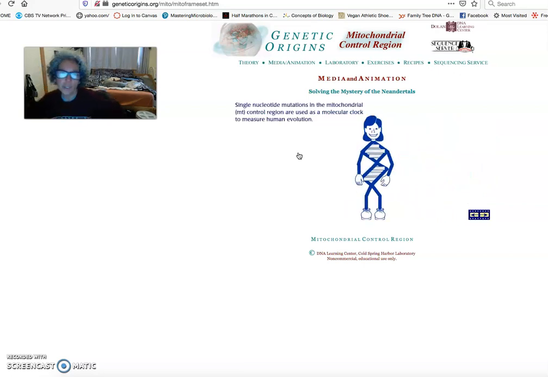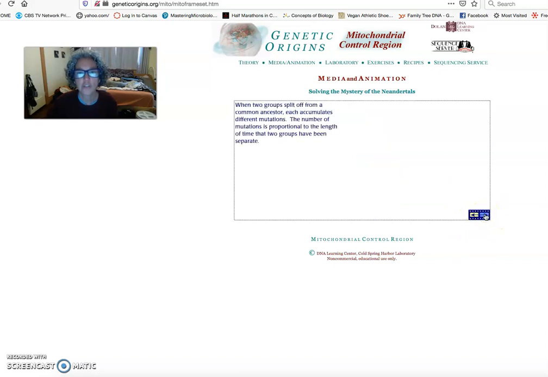So single nucleotide mutations are that molecular clock because they happen at a consistent rate. Click in the lower right to proceed to the next screen. So when we have a common ancestor, we accumulate mutations, and those numbers of mutations is proportional to the length of time we've been separate in evolutionary time.